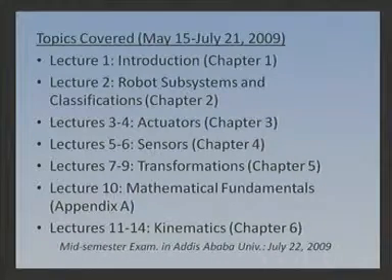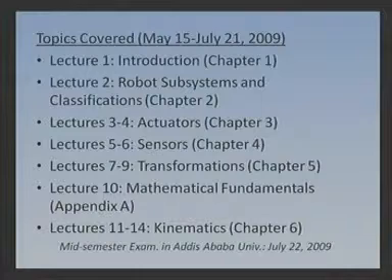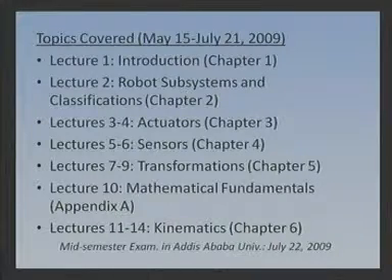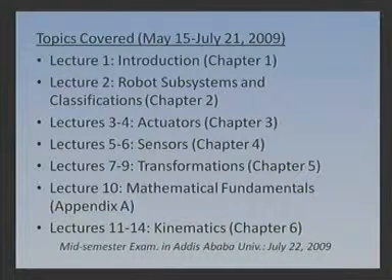Lectures 7 to 9, that means 3 classes, were on transformations, chapter 5. Lecture 10 was on mathematical fundamentals, which was appendix A of the book, and lectures 11 to 14 we had a topic on kinematics, which was chapter 6, and we had a lot of interactions, clarifications.